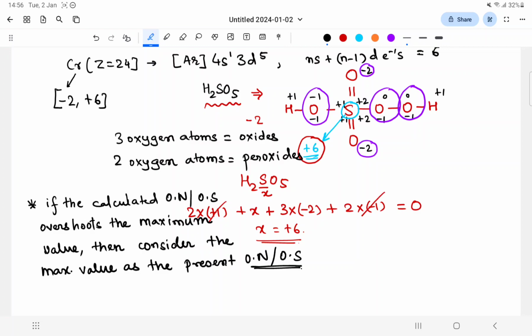Okay. And to know how many oxygens you should draw, the formula that I am going to tell you right now is very fruitful for those who want to draw the structure based on oxidation number. As I have told you many times, even in previous videos, try to find an interrelation between the topics: how redox is related to chemical bonding.